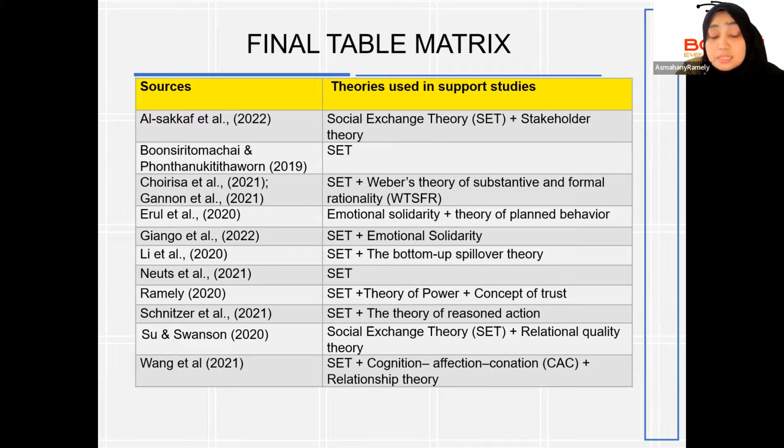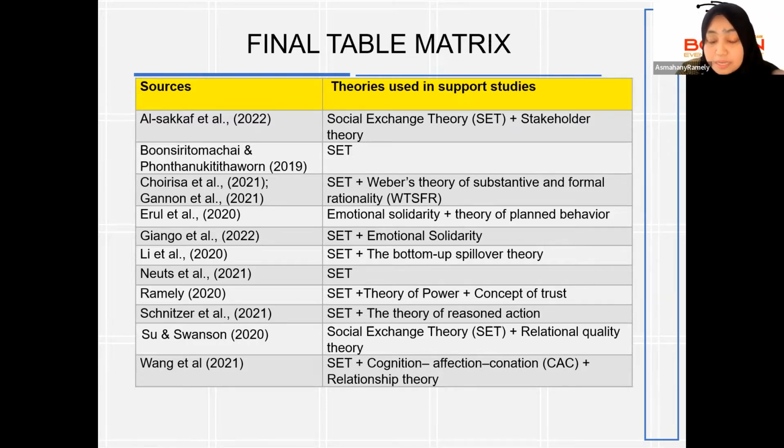Why? Because it is used by previous scholars. There must be a reason why those scholars use social action theory whenever they examine resident support. The theory after social action theory is actually a complement theory, which depends on the variable they want to use.